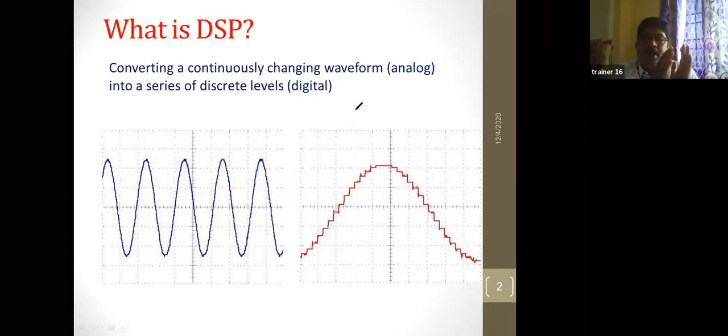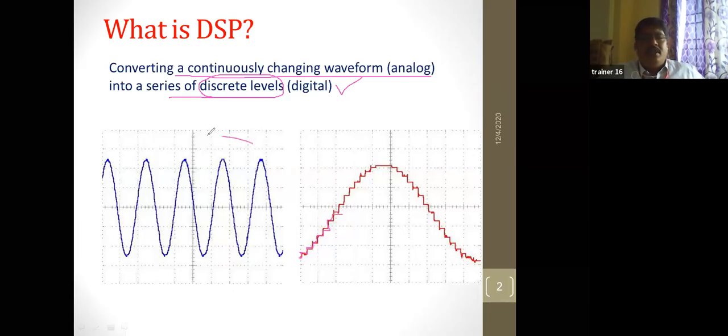That means the analog signal is converted into a digital signal. So DSP means converting a continuously changing analog waveform into a series of discrete levels, that is digital. These levels should be more, increasing in a series of discrete levels.